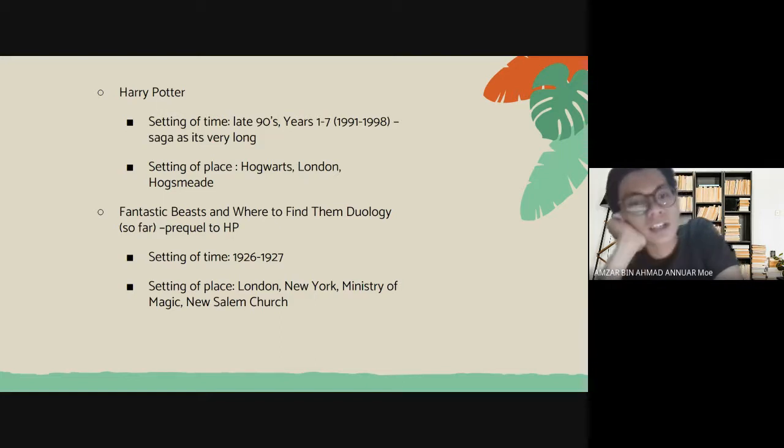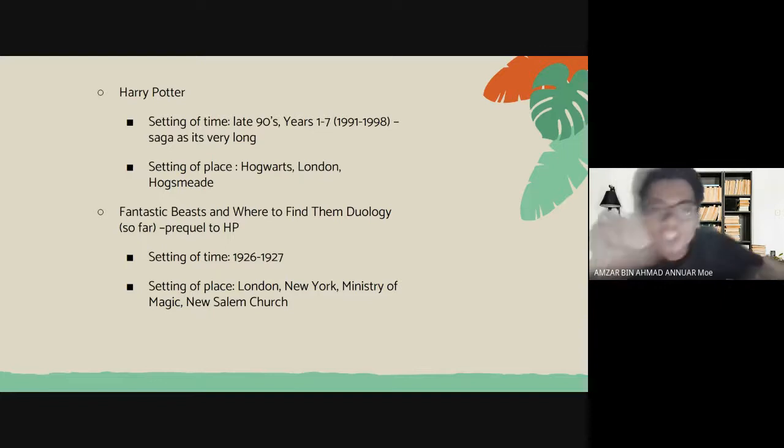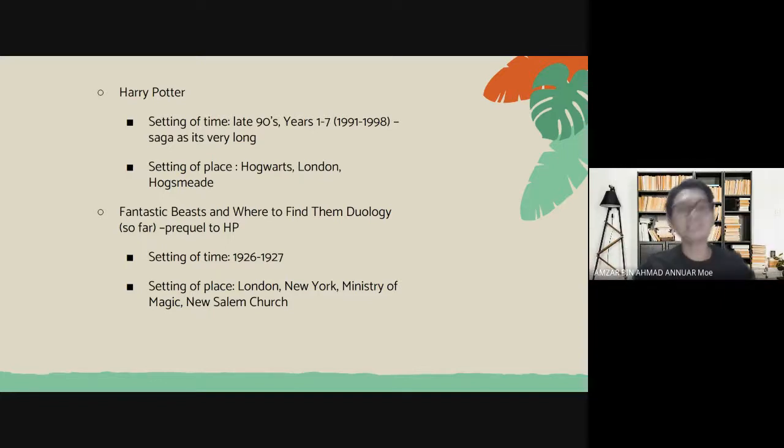Now, first is Hogwarts. Hogwarts is the school that they go to, and then London, where in general it happened in London, and Hogsmeade, where they go as an outing on weekends. Okay, hujung minggu dia akan pergi ke Hogsmeade untuk beli makanan dan minuman dan in general have fun lah there.